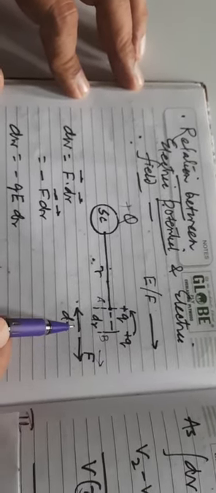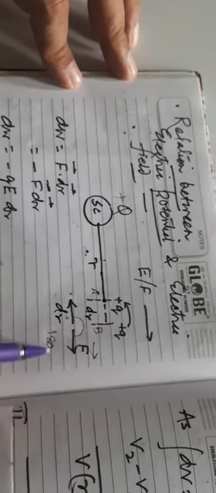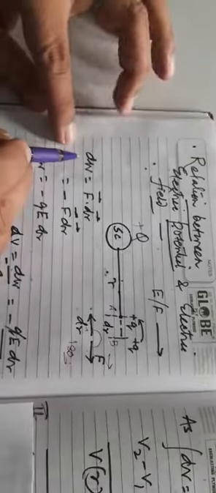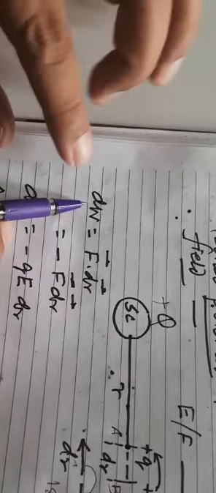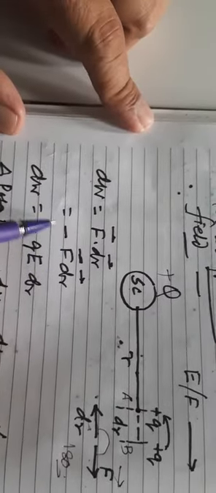As the source charge is also positive, there is a force of repulsion, so the force is in this direction. The angle between force and displacement is 180 degrees. Using the basic concept, we find the work done: small work done dW equals F dot dr.